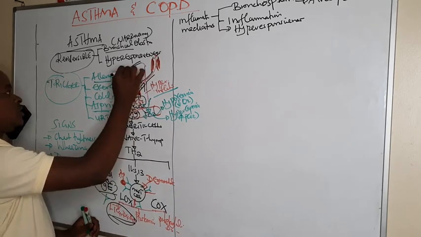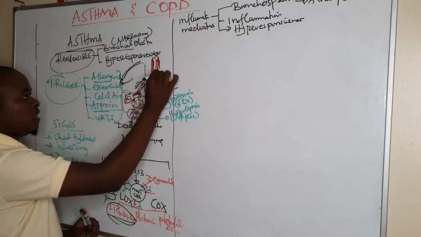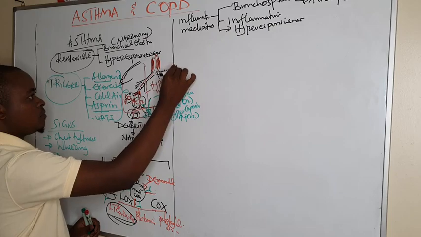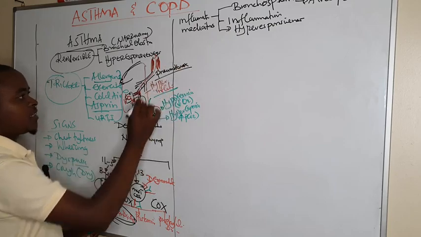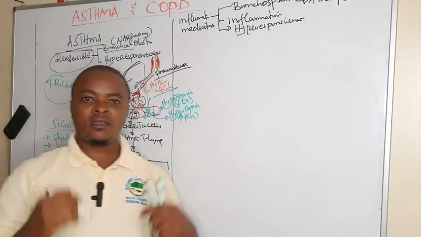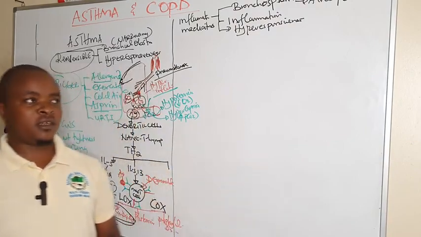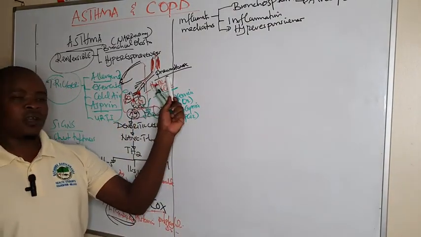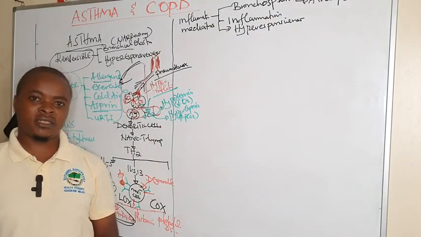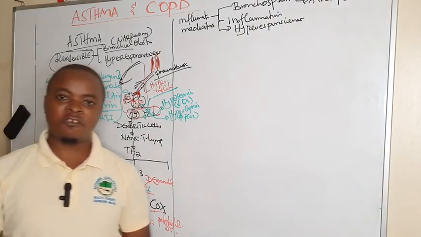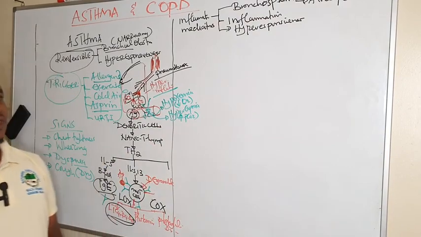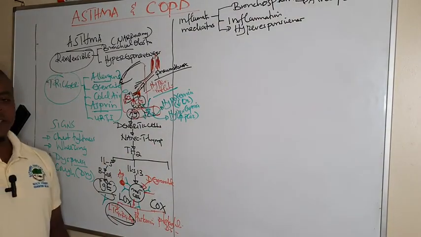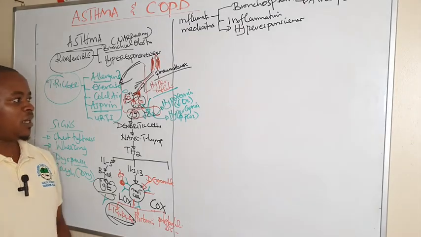And this results in what we call pneumothorax. So pneumothorax is due to the escape of air from the lungs into the pleural cavity. And it is very dangerous. It can lead to respiratory failure due to decreased negative pressure within the lungs.